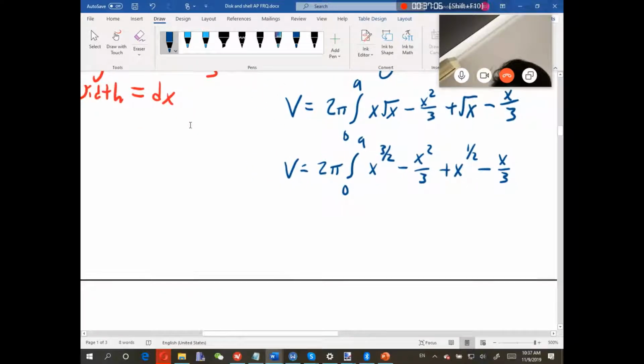Okay, so what will happen when we integrate? Awesome. What power? Cubed, yeah.